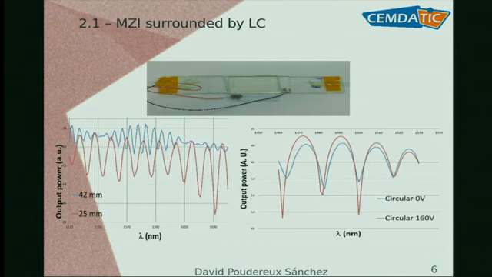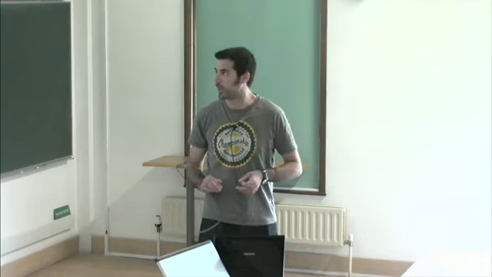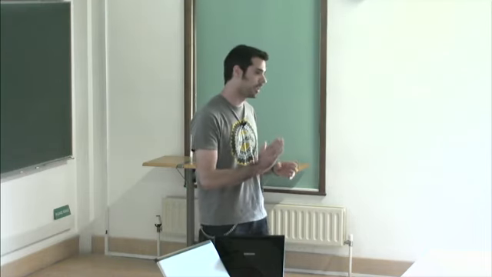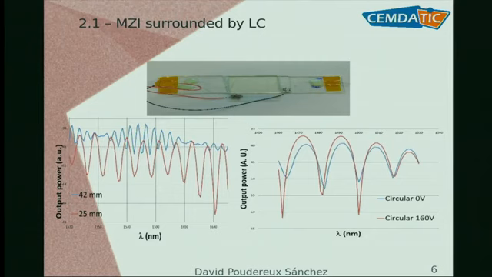Here we can see two interferometers with different lengths, and when we apply voltage, the maximums of the pattern become higher. In this case, we launched circularly polarized light. I have tried launching different polarizations, such as linear polarization, because this fiber is polarization maintaining, so it depends on the polarization. But this is the standard fiber.